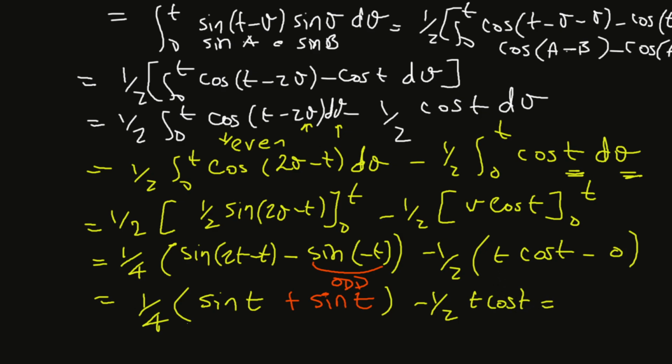Alright, I'm kind of running out of space and pages, but it's pretty good. So here, think about it. Now you have 2 sine of t divided by 4, so that's going to make it sine of t divided by 2. Then we have t cosine of t divided by 2, so the final answer here is sine of t minus t cosine of t, over 2, for this question.